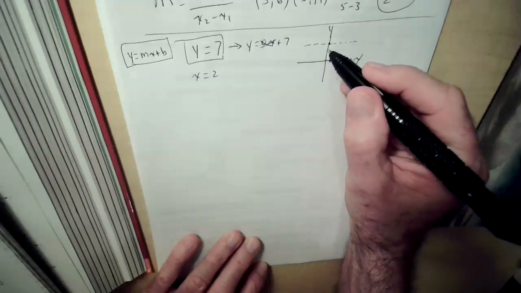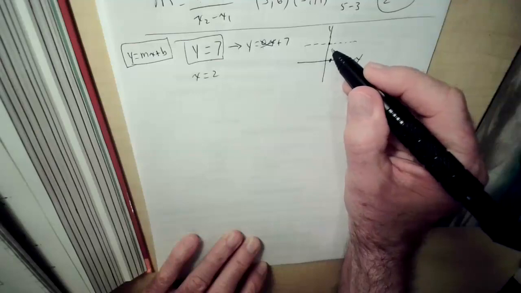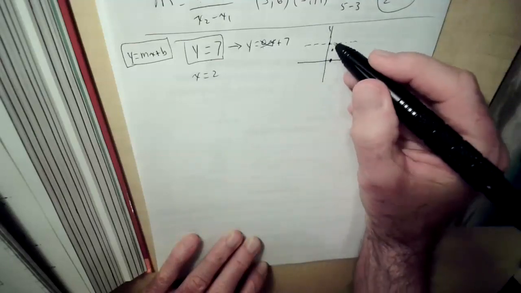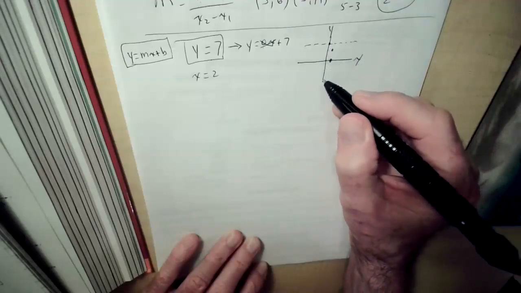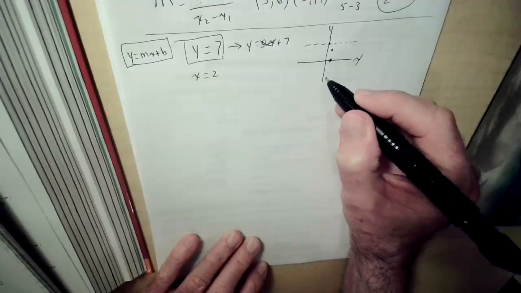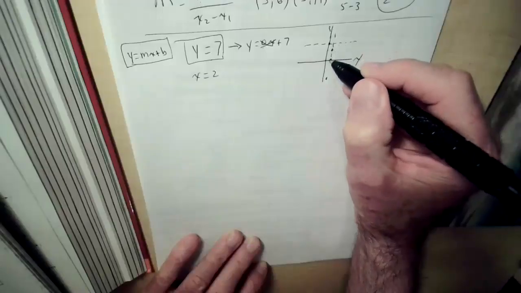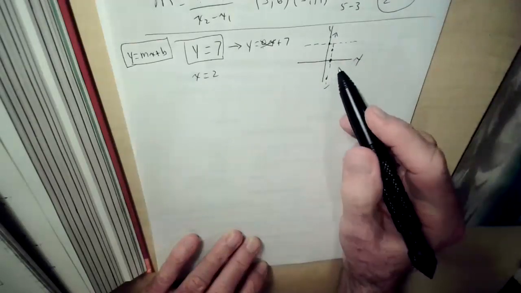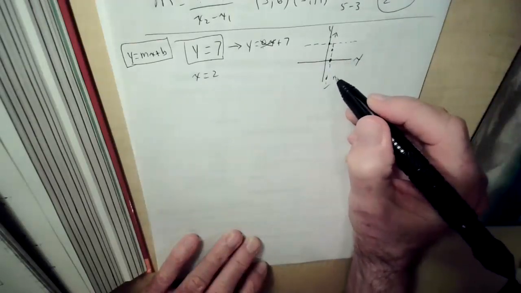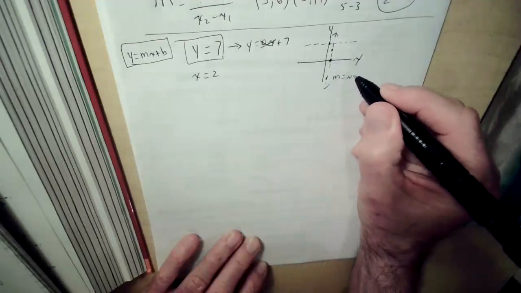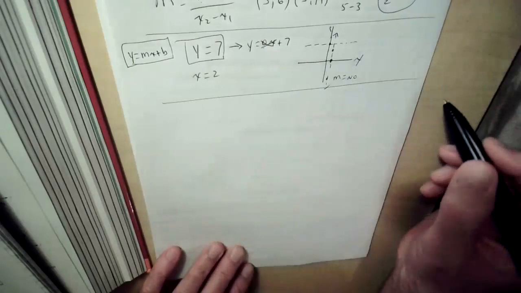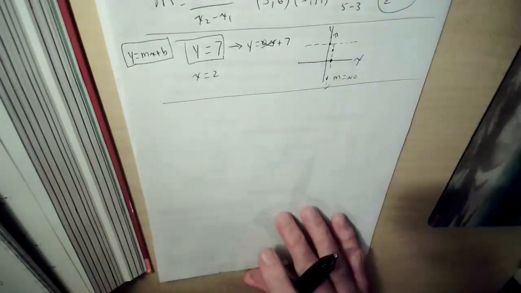If y is 5, x is 2. If y is negative 5, x is 2. So here we have a straight line up and down, and the slope on this one is no slope or undefined slope. We'll talk more about that at some point.